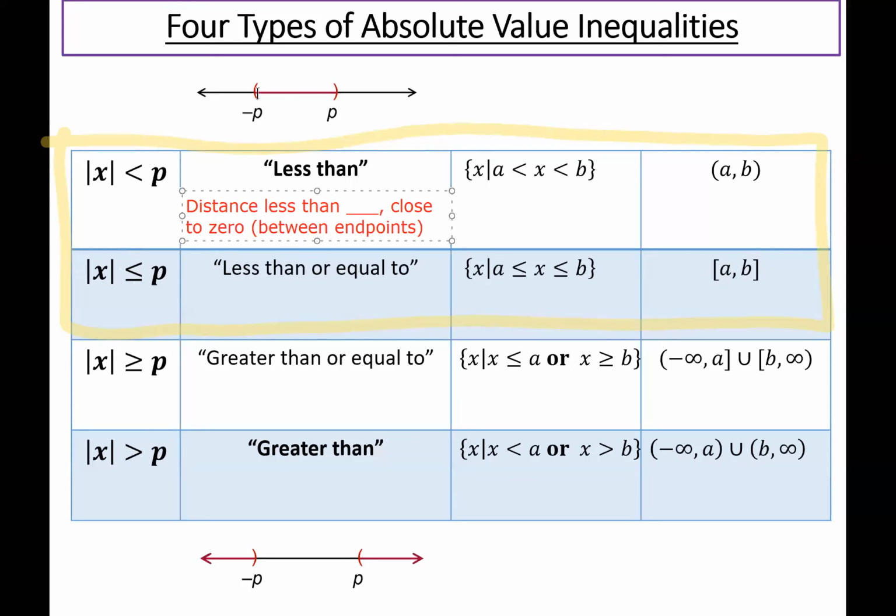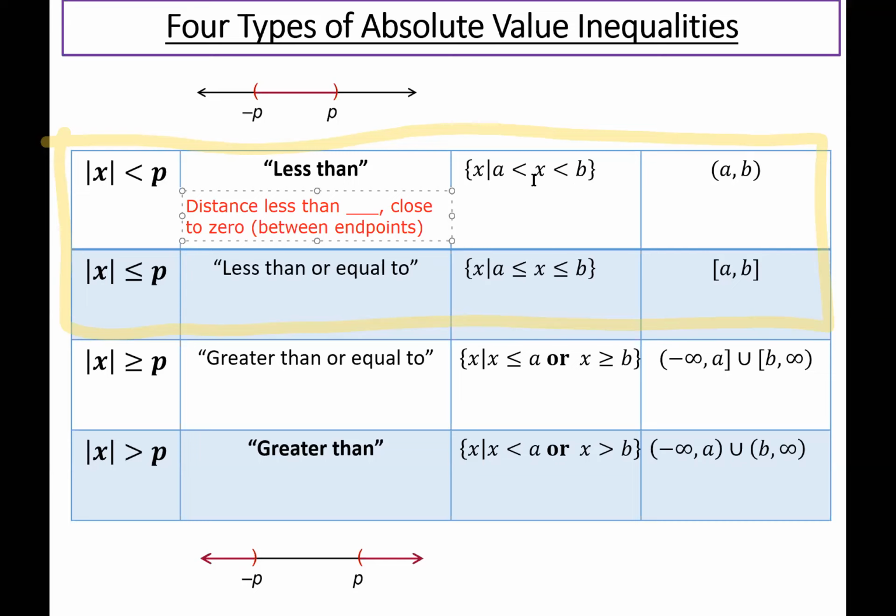So you're going to be shading close to 0 in between 2 endpoints. You can see in our set notation here, x is going to be between 2 endpoints. And your interval notation, that sounds familiar hopefully, will be a comma b. It'll be one number, comma, and then another number. And that's the way that we represent shading in between 2 endpoints.